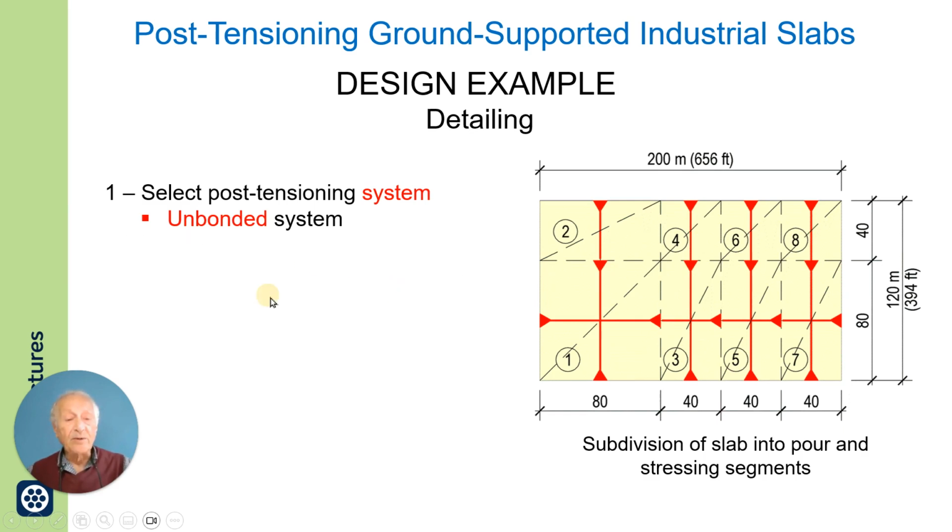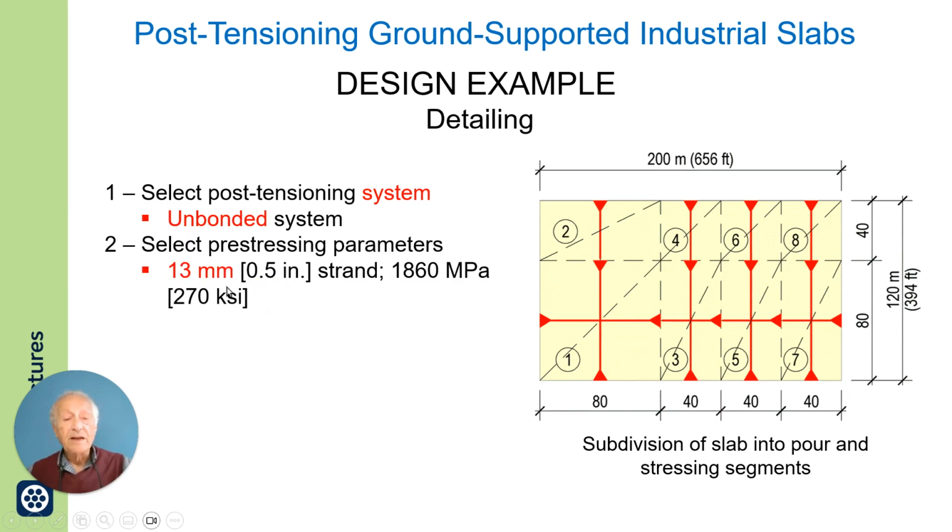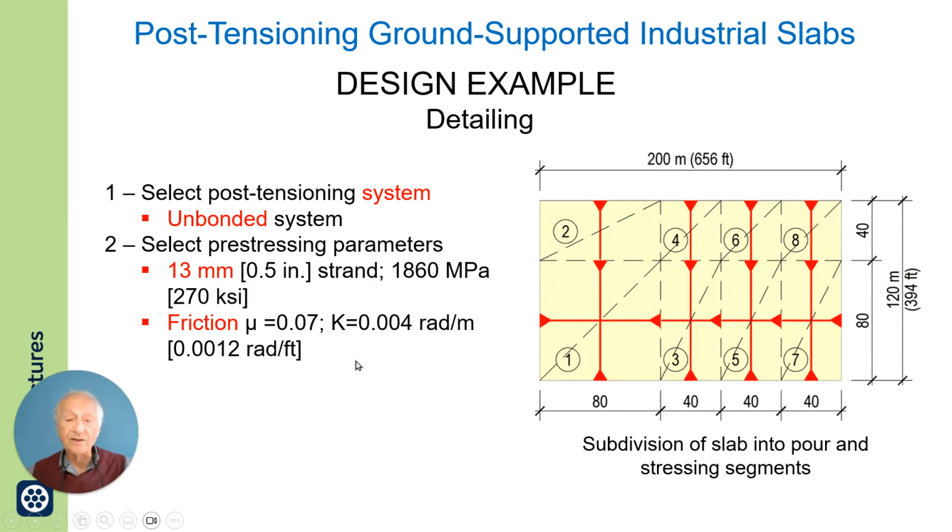So I select unbonded system, use 1/2 inch strand, and the friction between the strand and its sheathing is this value. So I can calculate friction loss of the strand, which is between the strand and its sheathing, not the soil.